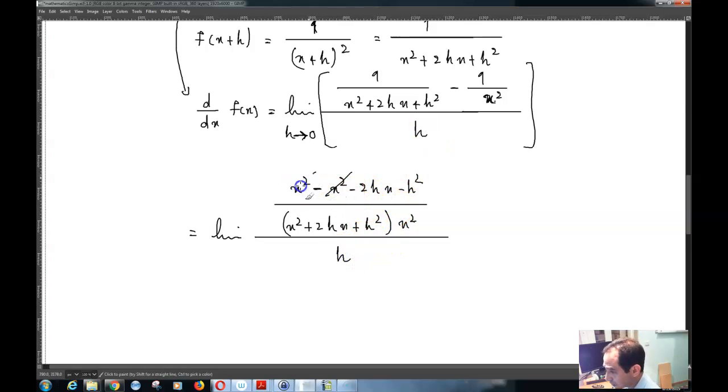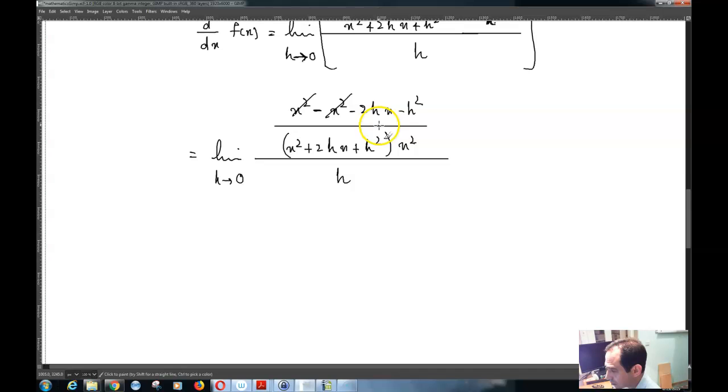Now these two will cancel out, and this is as h tends to 0. Here this is divided by this, so if you have, for example, a divided by b divided by c, that's equal to a divided by b times 1 divided by c, which is a over bc.